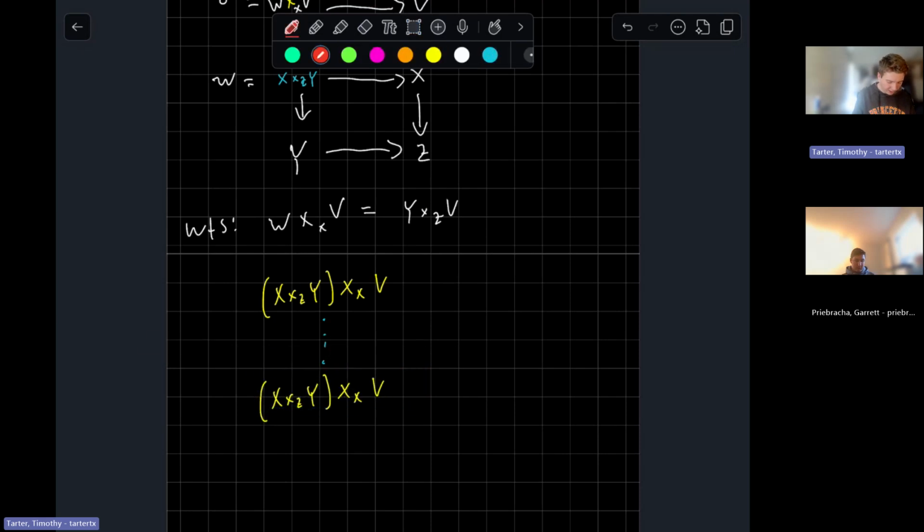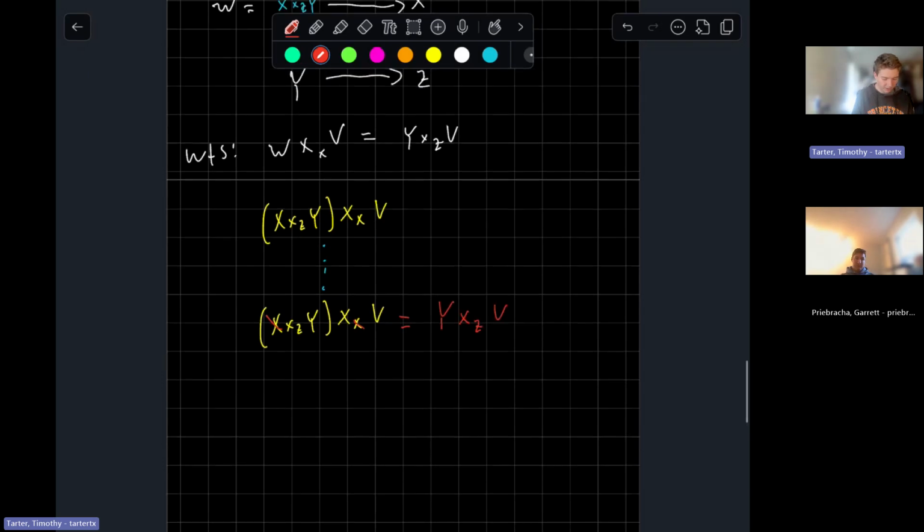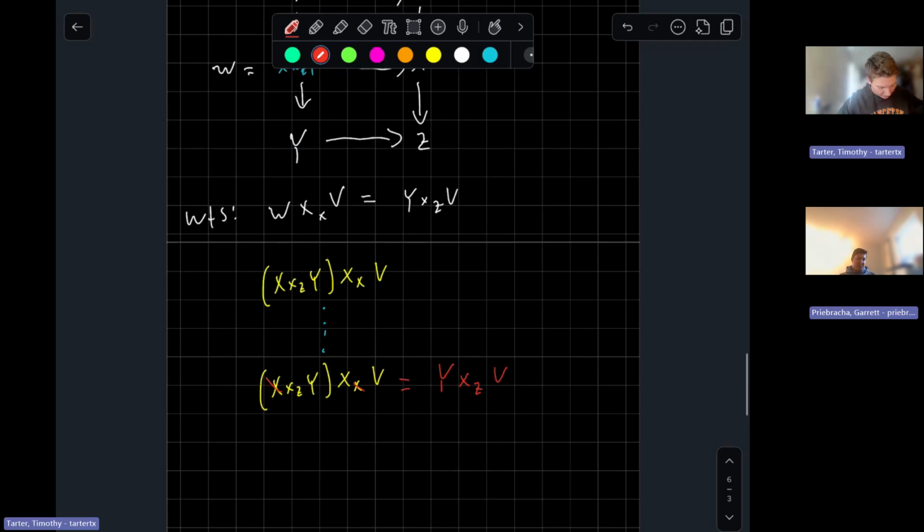We want to find a way to cancel this piece out with this piece, or rather, just the X, and get this equal as Y through Z with V. And the way that we do that is, let me look at the definition of the diagonal morphism because I'm almost exactly sure that that's how we do this.